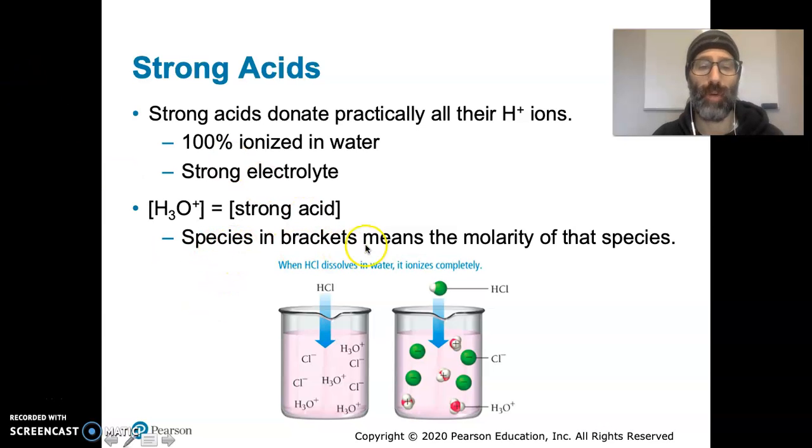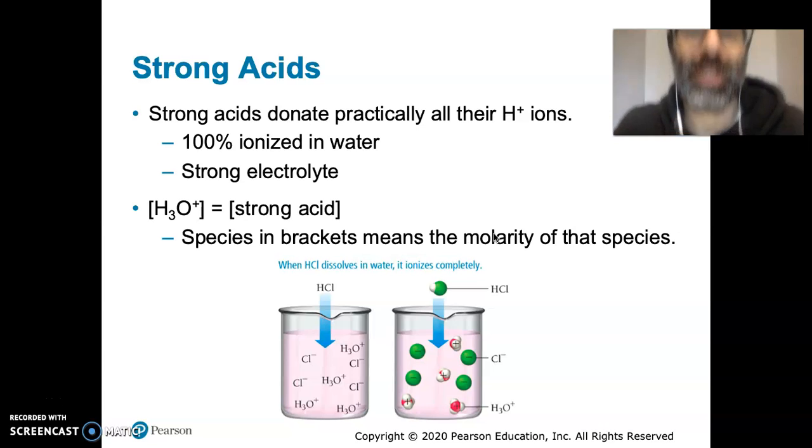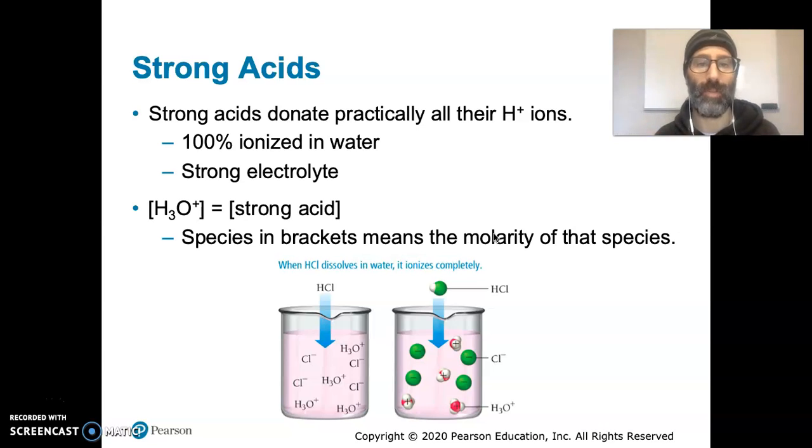When you have square brackets here, that means the molarity of that species. Molarity is a measurement of concentration. As you probably learned before, in another video we talked about different measurements of concentration, and molarity is one of them. So when you see square brackets, we're referring to molarity.